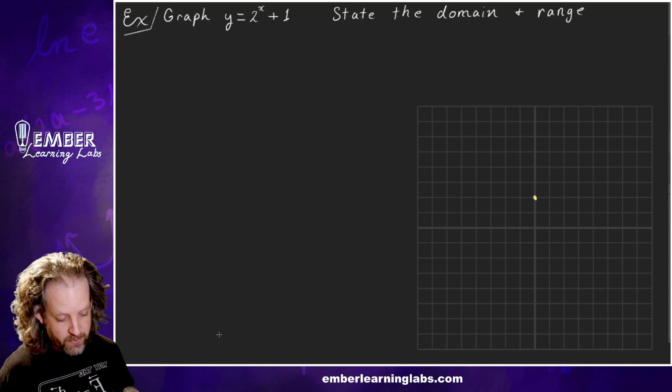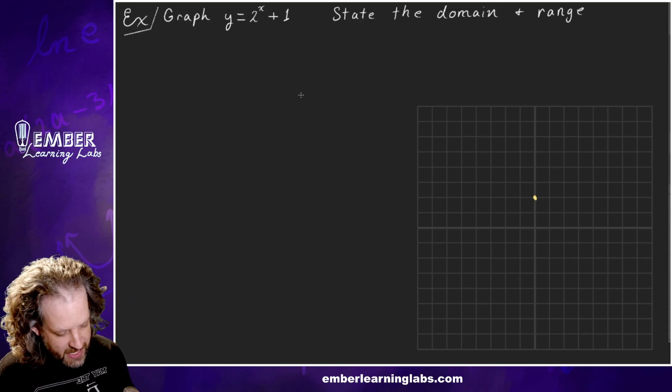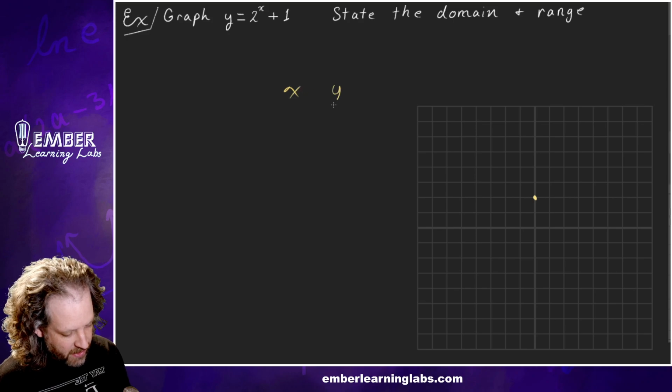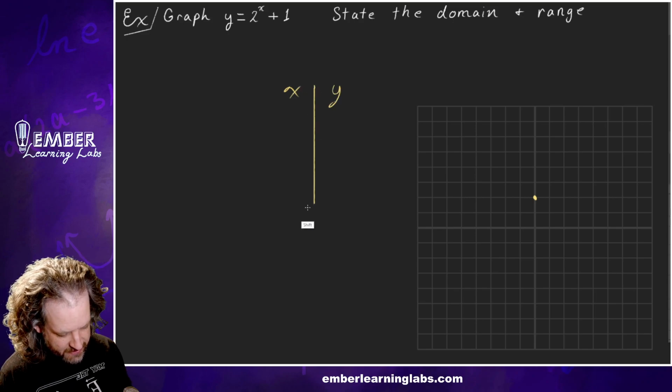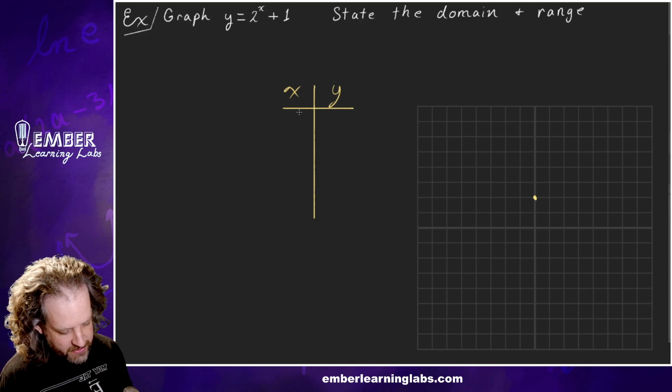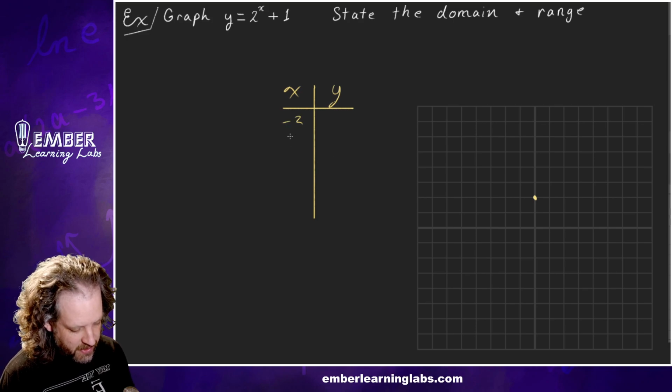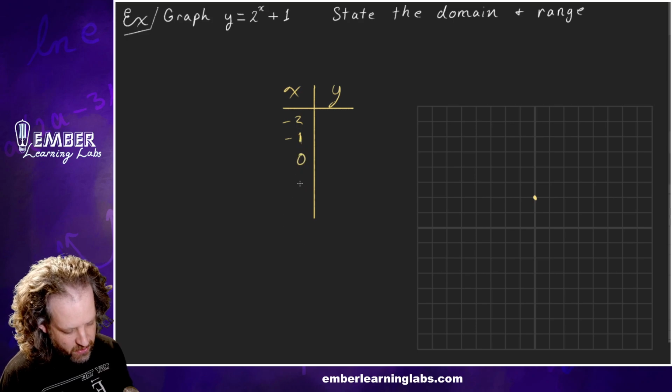We'll kind of prove it with a table, and we're going to do our same old standbys in this thing. I think that's going to be easy peasy, right? So let's do -2, -1, 0, 1, and 2.